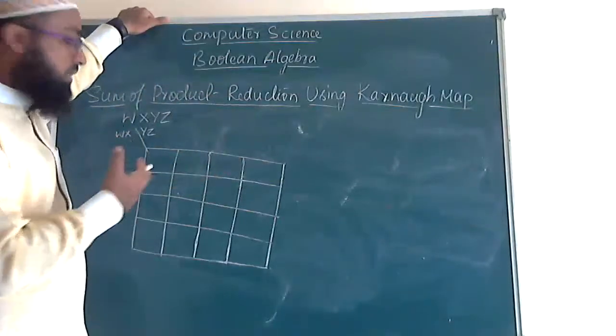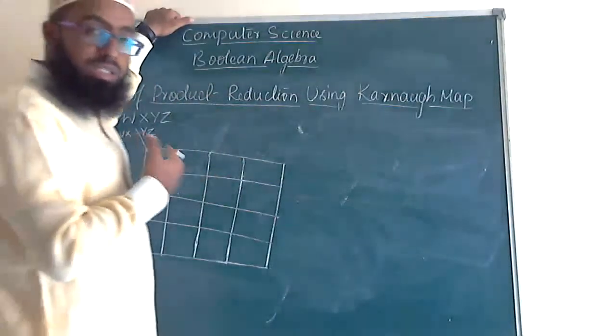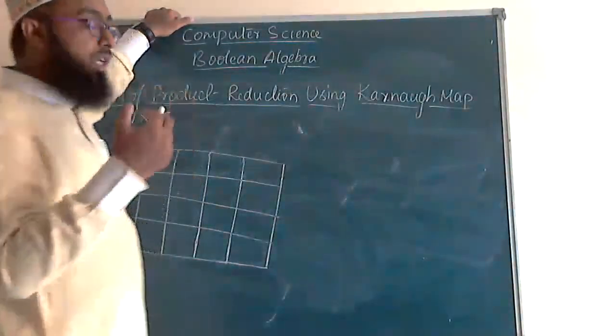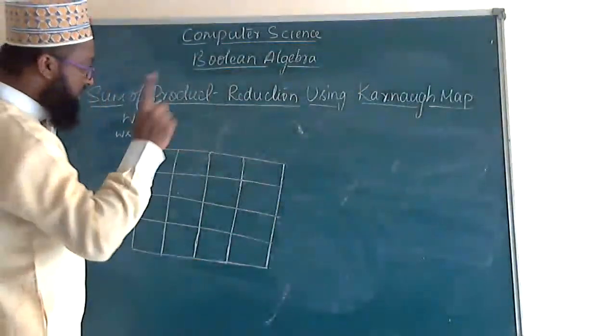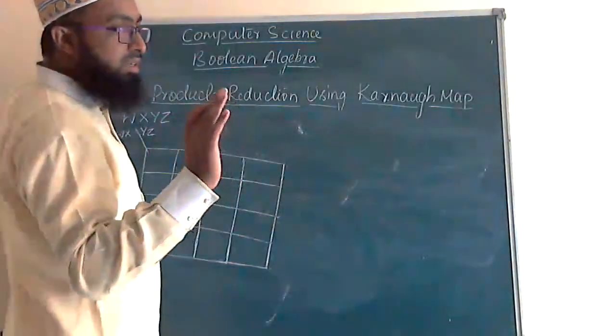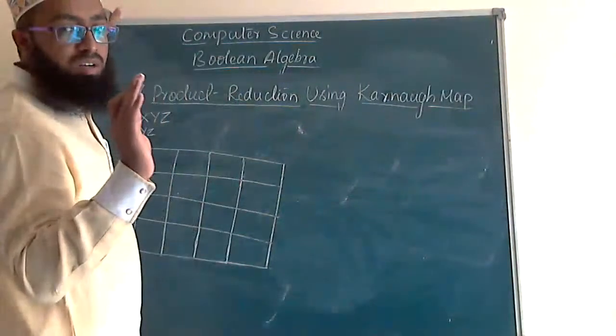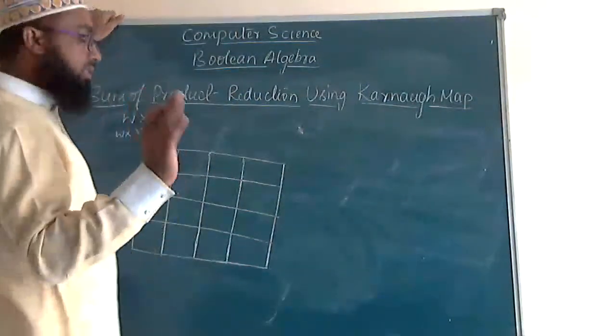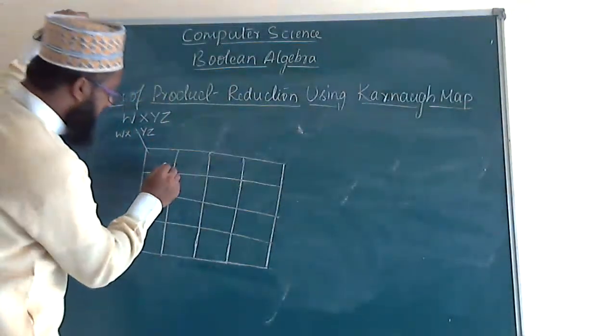Now we have to give numbers for the 16 squares Karnaugh map. Look here with complete concentration. Same as in the 3 variable Karnaugh map, the same way we will use here, but a little different.